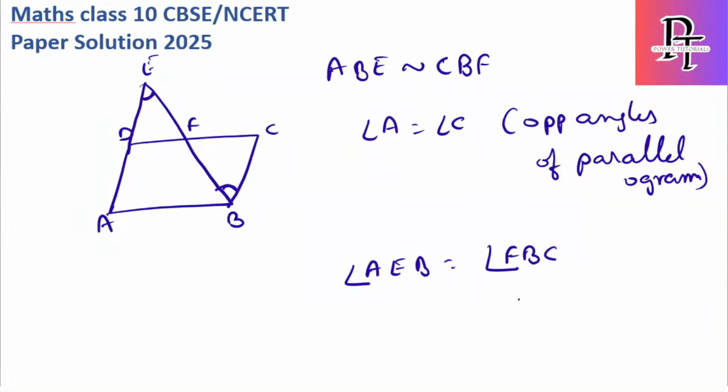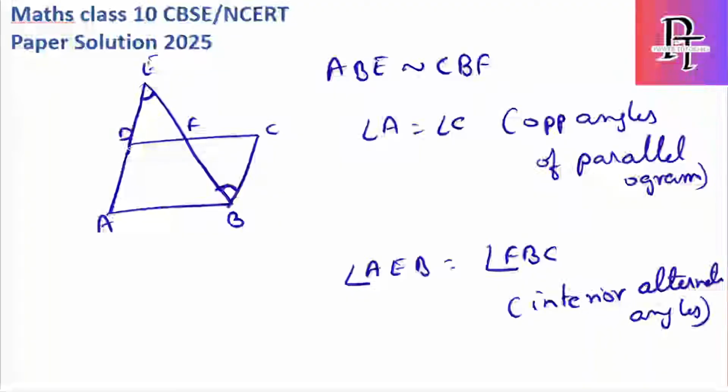Why? Because these are interior alternate angles. Okay, because DC is parallel to AB, I can get angle AEB is equal to angle FBC.